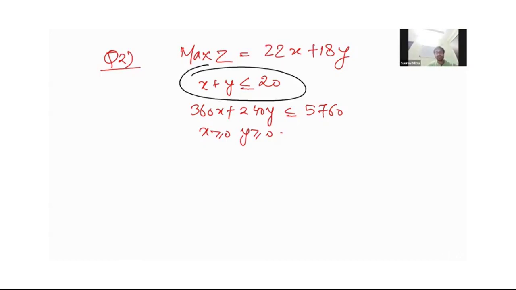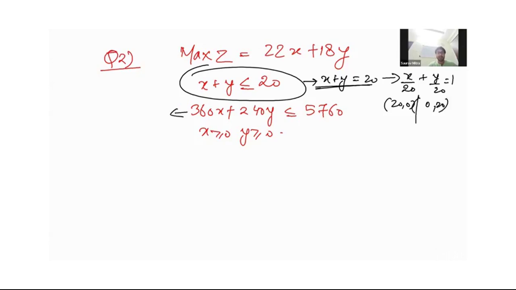this x plus y, we will write the equation like this: x plus y equals 20. If we convert this into intercept form, it will be y by 20 plus x by 20 equals 1. So this is your 20 comma 0 and 0 comma 20. Fine.